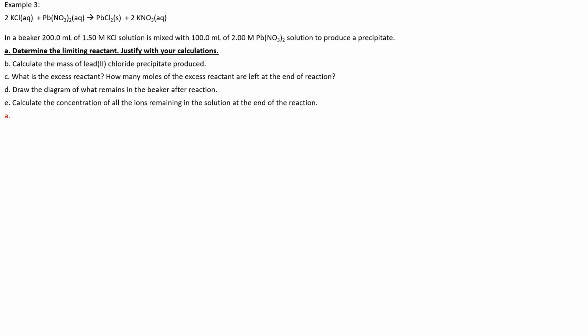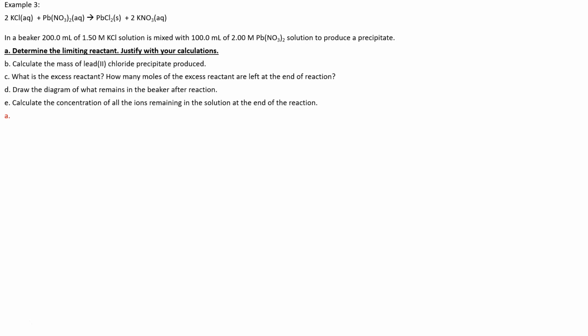Another example here, example 3. In a beaker, we have 200 milliliters of 1.50 molar KCl solution mixed with 100 milliliters of 2.00 molar lead nitrate solution to produce a precipitate.